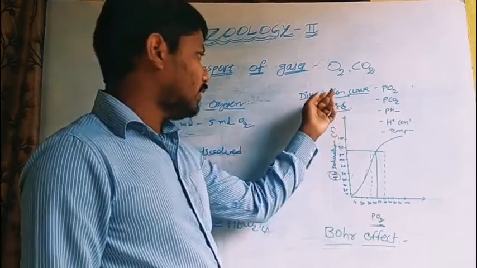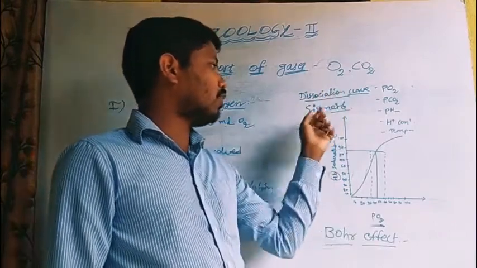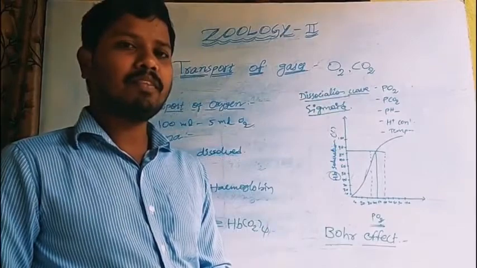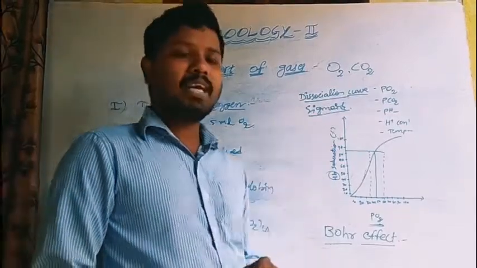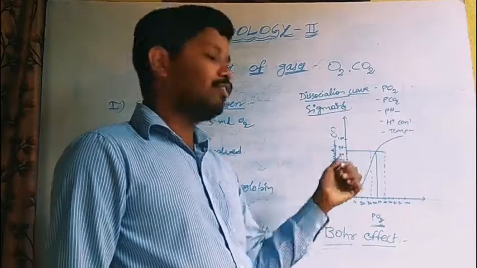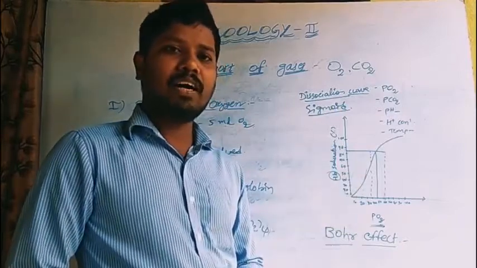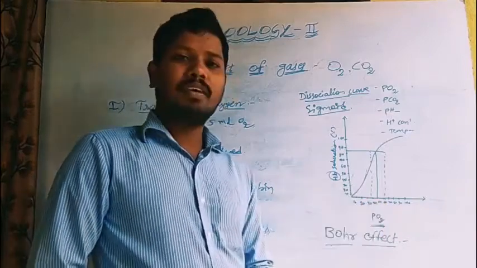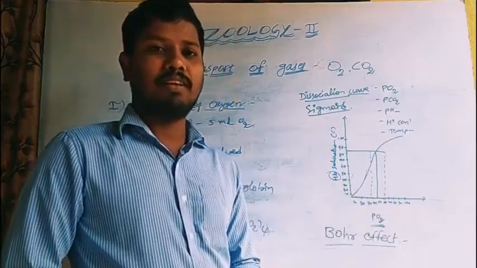This dissociation curve is also called a sigmoid curve or S-shaped curve.